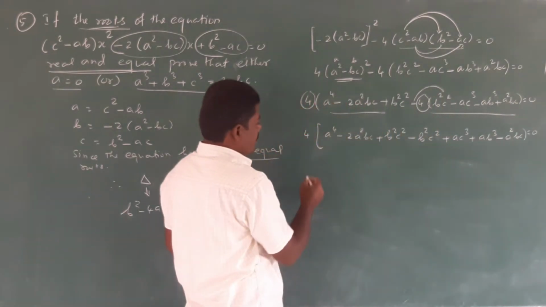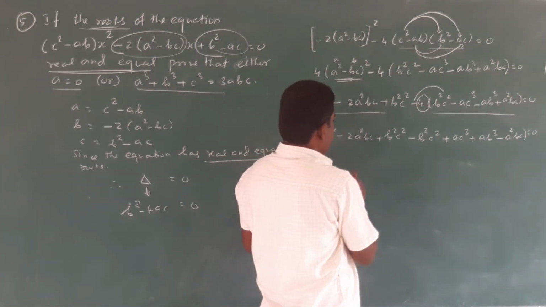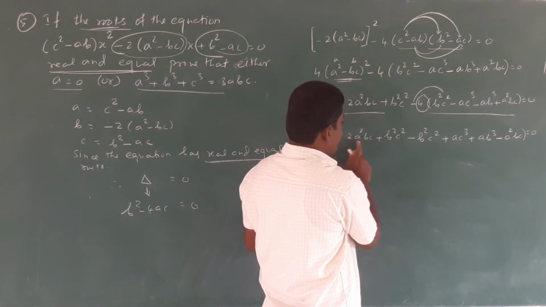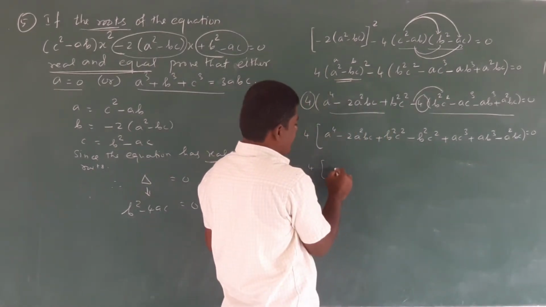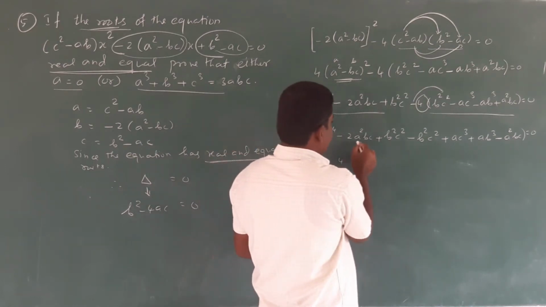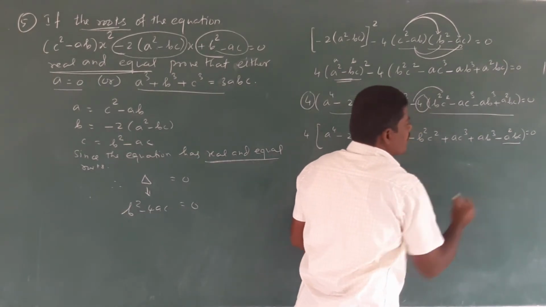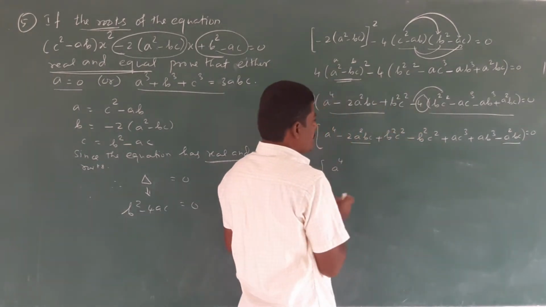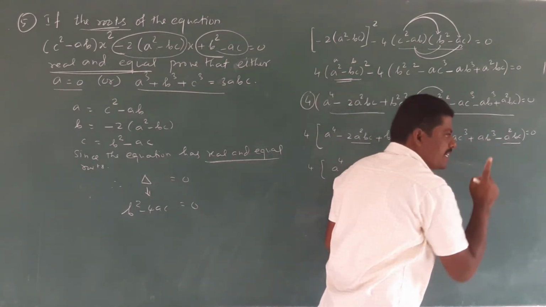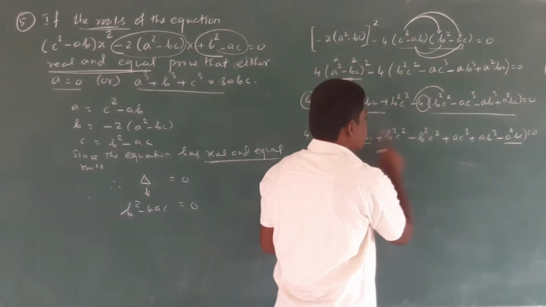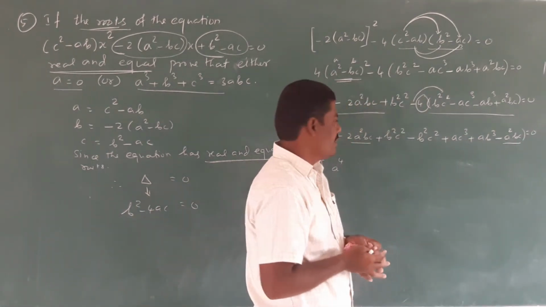Understand? Now here A power 4 is there, only one A power 4, so we take A power 4. Here one A square BC term is there. Both are like terms: minus 2 times A square BC and minus 1 time A square BC. Both have the same sign, so you add.